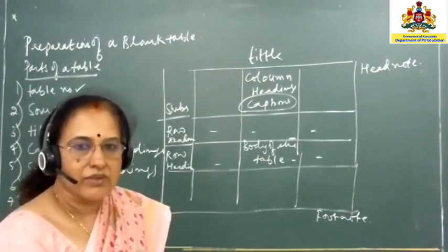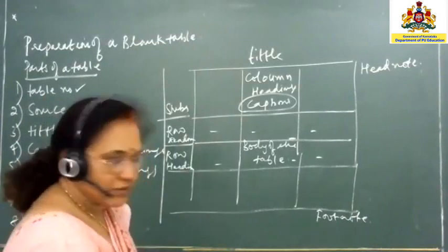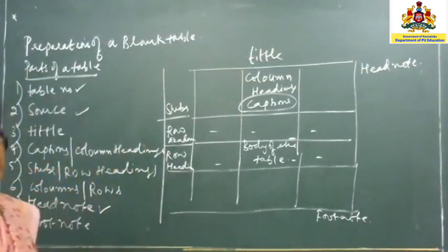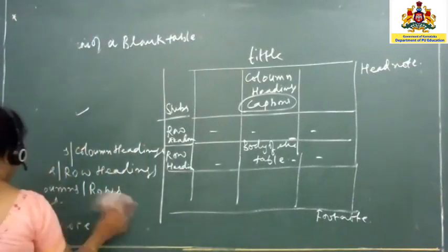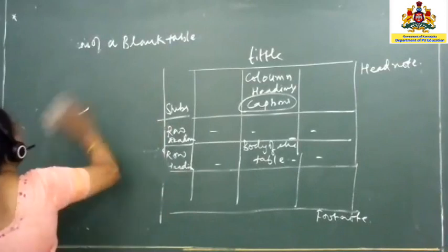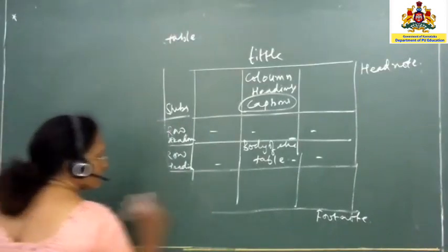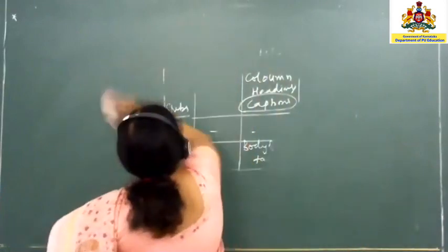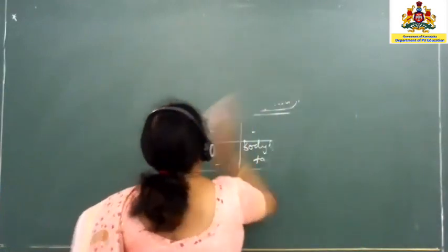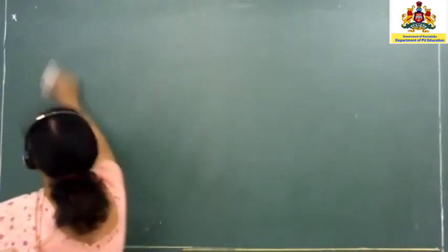Okay. Now let me first work out one problem based on the blank table. The question will be for 5 marks.